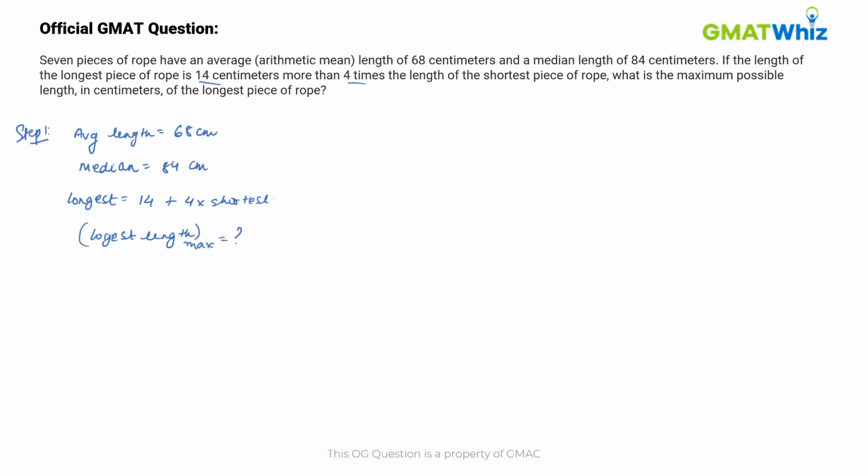Now that we have written down all the information that we can get from the question, let's move on to step 2. Since we are given the median, we should have the 7 lengths arranged in ascending order.